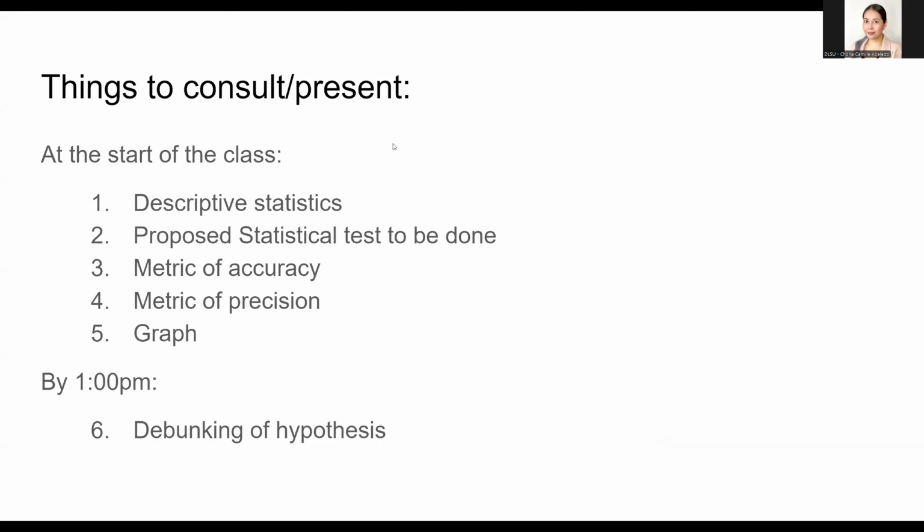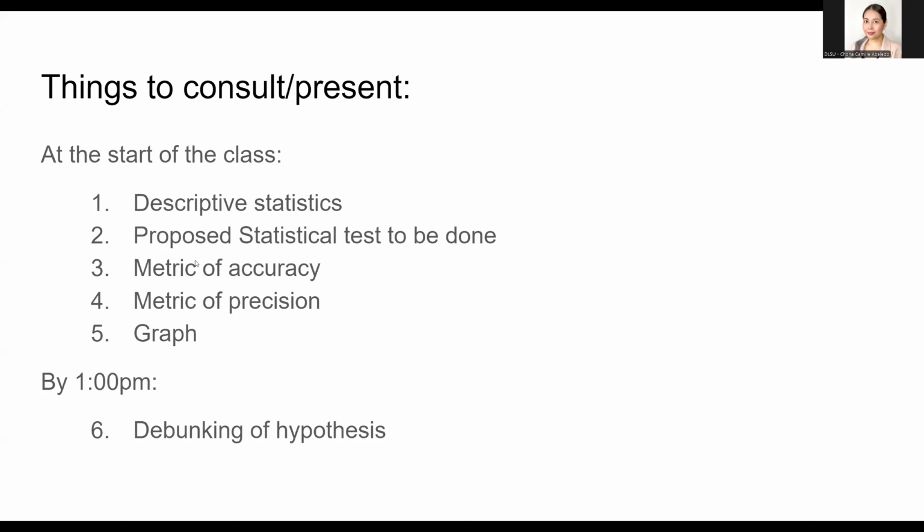We'll do descriptive statistics first. So I'll look at the descriptive statistics of group 1 first, followed by group 2, then group 3, then group 4. Once everyone has shown me their descriptive statistics, I'll give my comments and feedback.